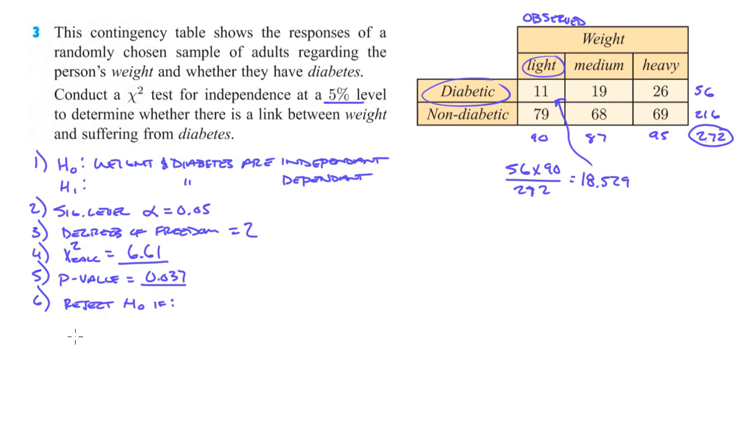We can reject H0 if the p-value is less than or equal to alpha, or if, and I'm going to write this backwards from what they have in the textbook, the chi-squared critical value is less than or equal to the chi-squared calculated. Okay, so either or.